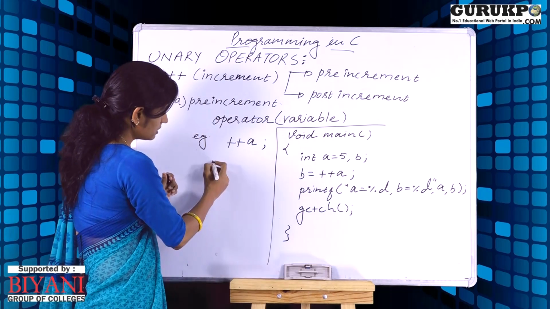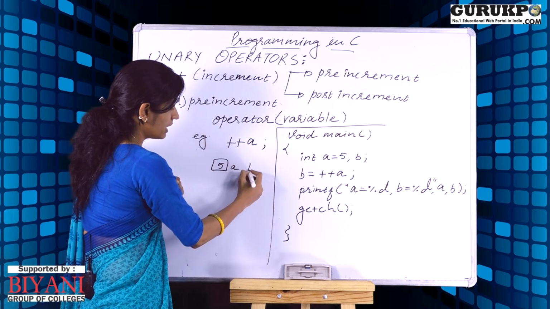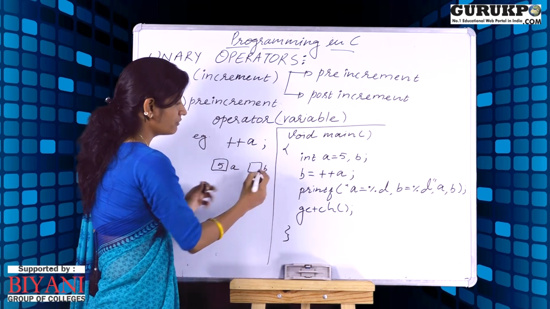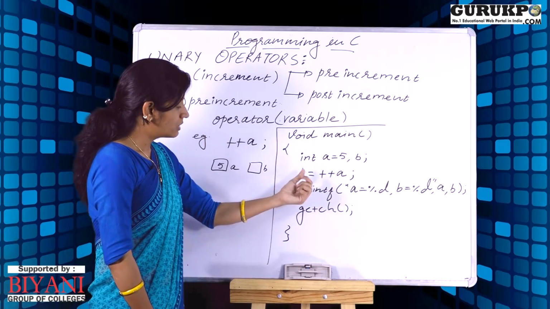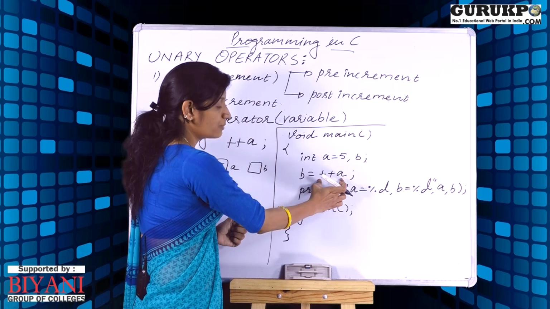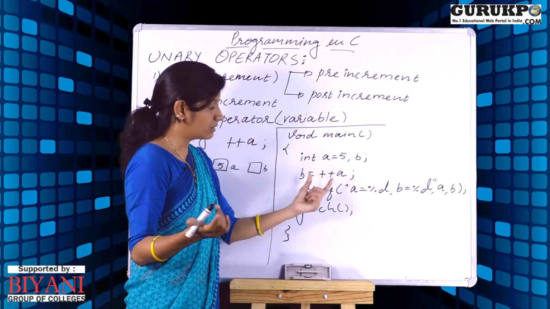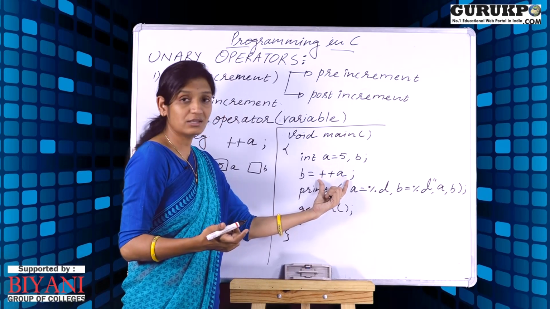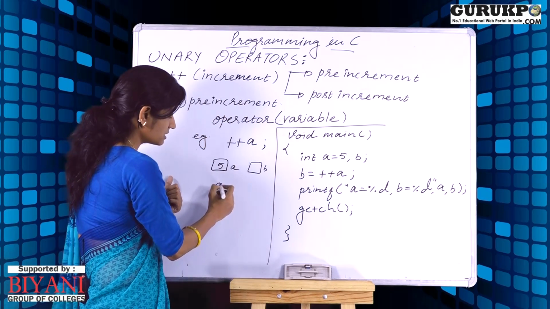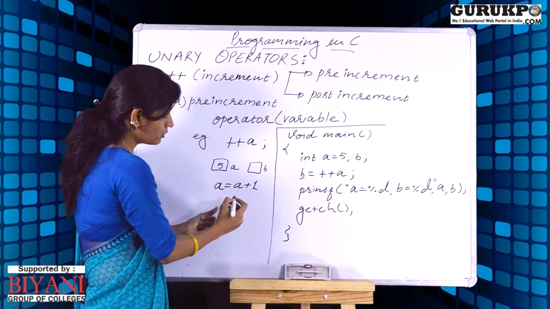The value of A we have denoted as 5 and B we have not given any value yet. Now after this statement, what will be done? As we can see, this is a pre-increment. First the value of A will be incremented because the compiler will take this statement as A equal to A plus 1. So the present value of A is what?